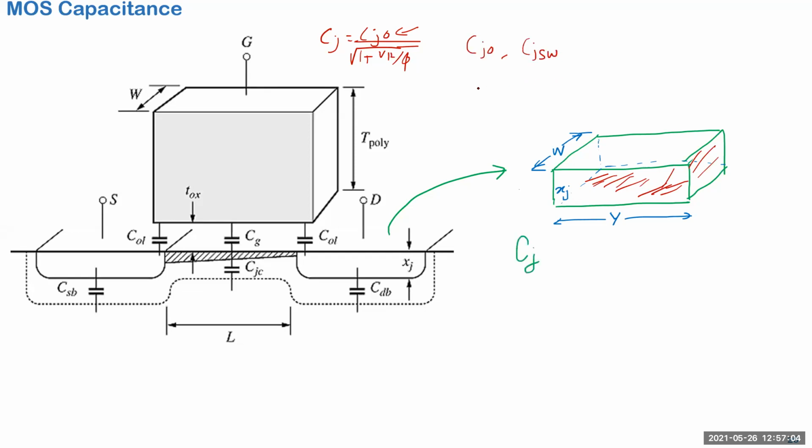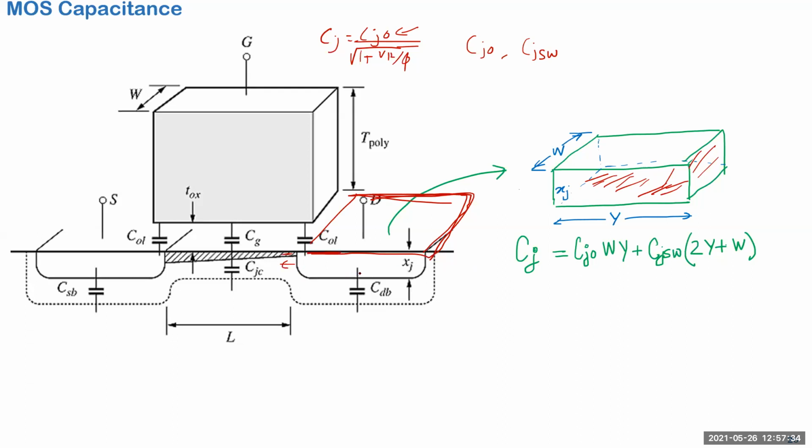The total Cj is Cj naught times W times Y, where W is the width and Y is the length of the diffusion, plus the perimeter. Typically you take three sides of the perimeter, because on the fourth side it's adjacent to the channel, so the diode cap is not there.